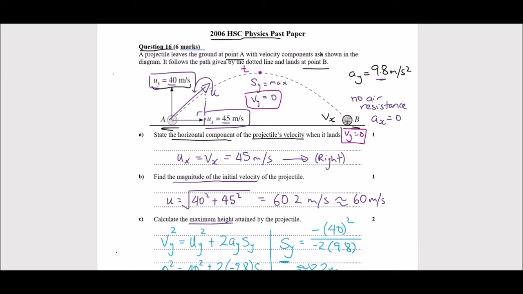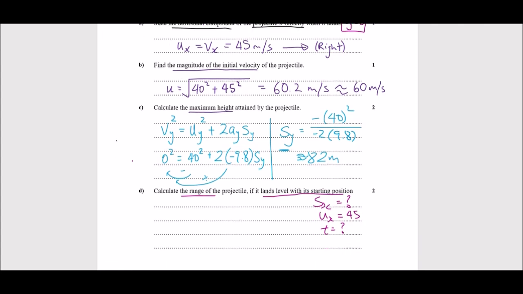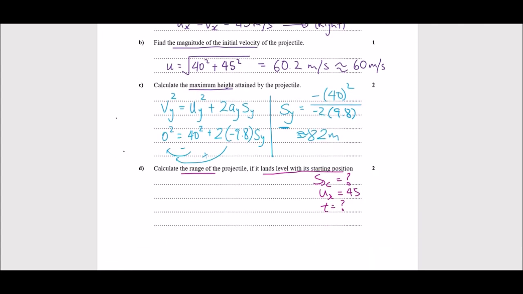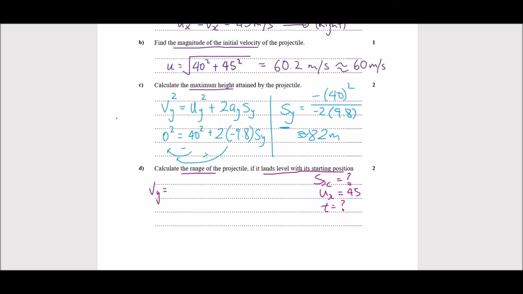So I have two values where Vy is equal to 0, up here and over here, which I'm going to label as 2T. So I'm going to find the time it takes to get to the peak height, times it by 2, and that will tell me the amount of time for the whole journey.